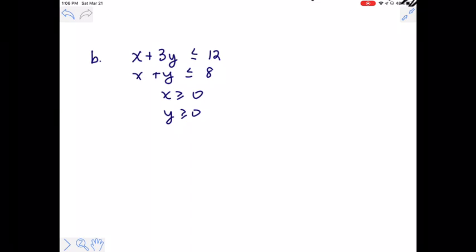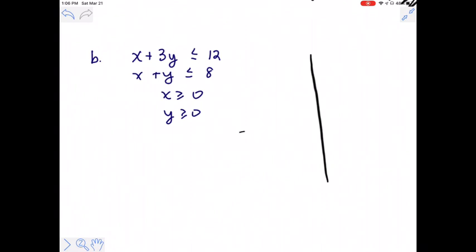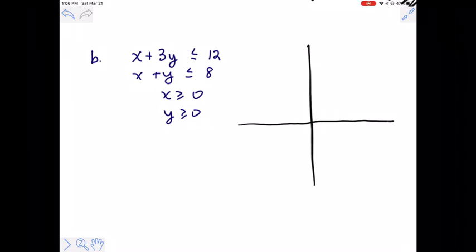Okay, for part B, we have the system of inequalities with 4 inequalities. So we're going to approach it the same way we did the last one. I just want to address these bottom 2 because this is actually pretty common.